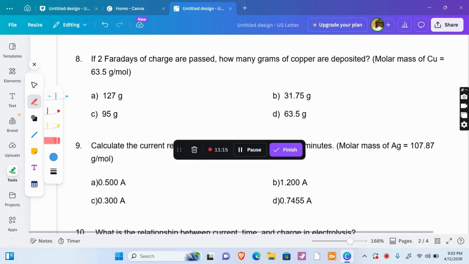Now, as this question has dropped, you need to know that there's a standard from Faraday's second law. There's a standard number of farads that copper will produce during electrolysis. For every element, once you see a question on electrolysis, you need to know the standard number of moles of ions or farads that element will deposit.